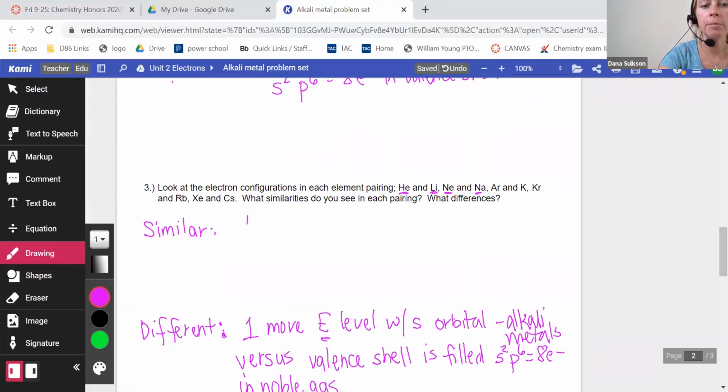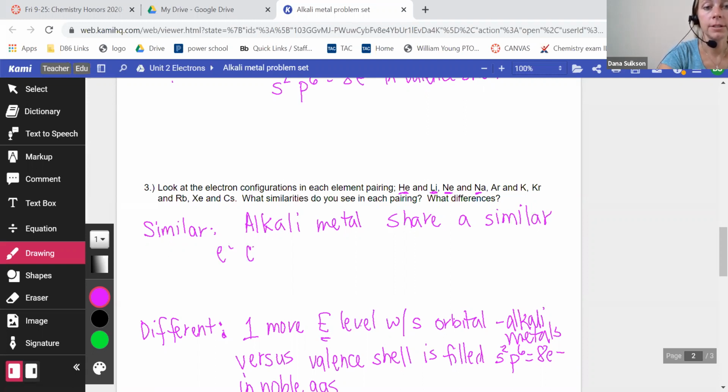So your alkali metals share a similar electron configuration as its noble gas prior.